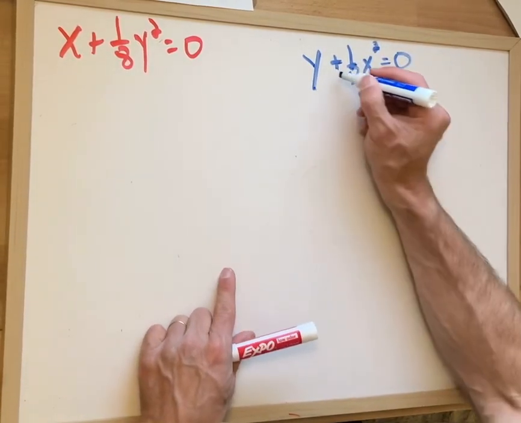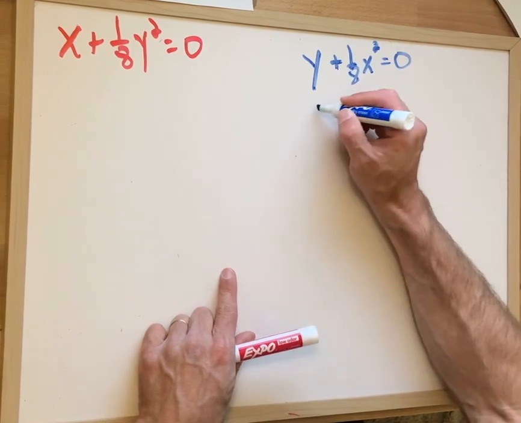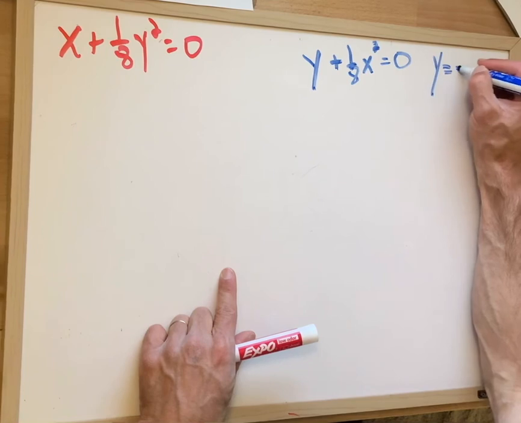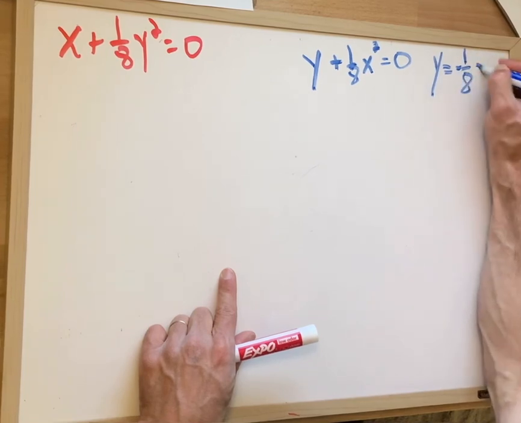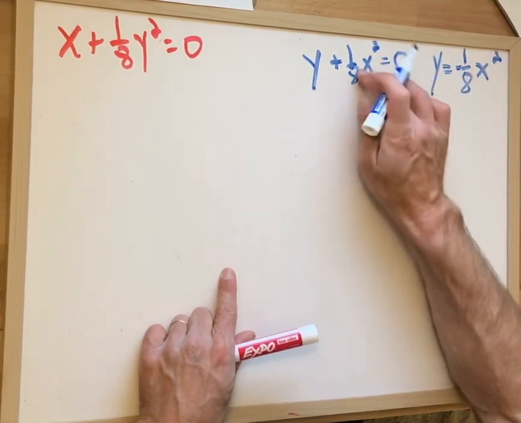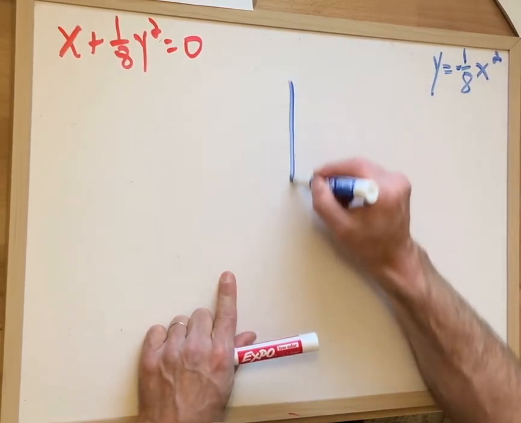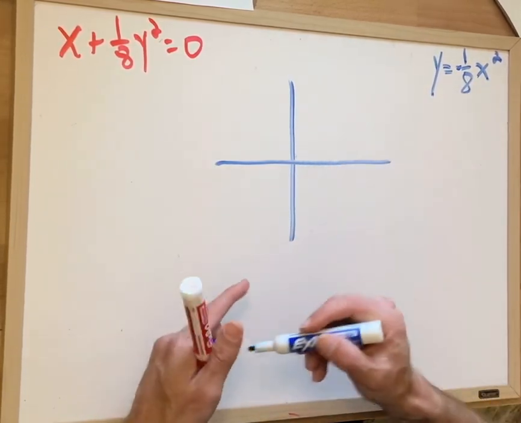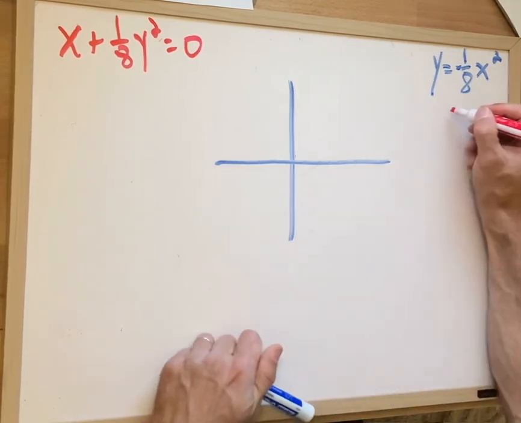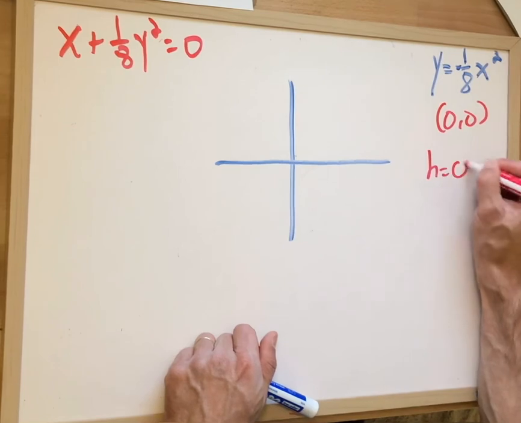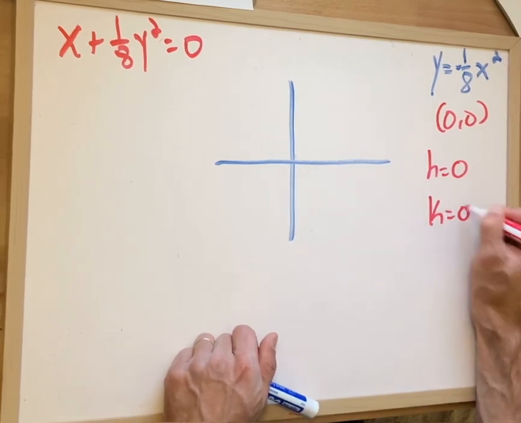All right. I'm going to move this whole thing over. So I have y equals negative 1 over 8 x squared. Now this is moved over. Now I can graph this. So if I were to graph this, my vertex is 0, 0. So my h is equal to 0. My k is equal to 0.